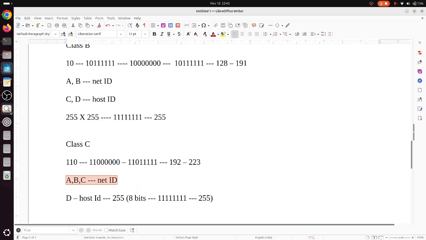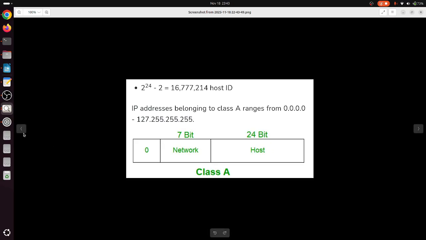So these are the differences, and you can check back.